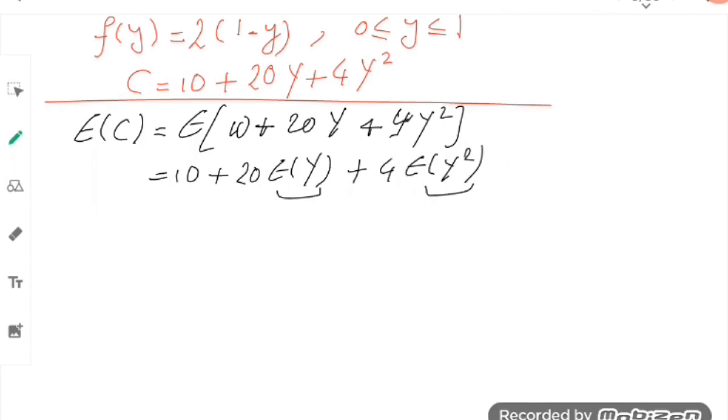The expected value of y, from the formula of the PDF, equals the integration from 0 to 1 of y times the PDF, which is 2 times 1 minus y.